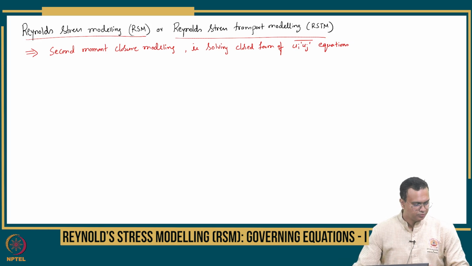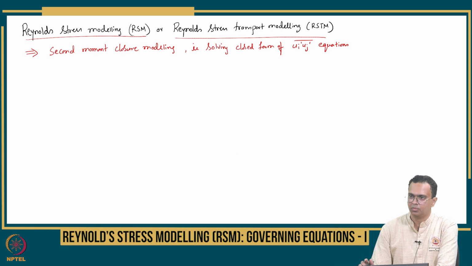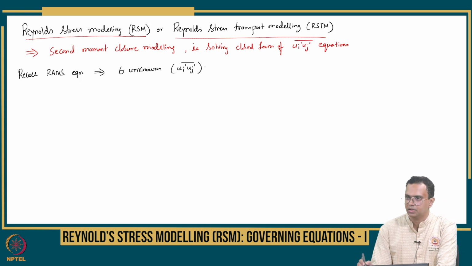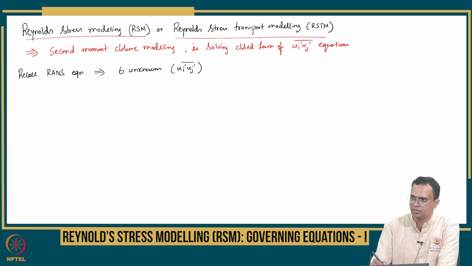If you recall from eddy viscosity models, you had 6 unknowns in the RANS equation, right? That is your ui prime uj prime average, 6 stresses: 3 normal stresses and 3 shear stresses, and in the eddy viscosity model this was closed using Boussinesq.